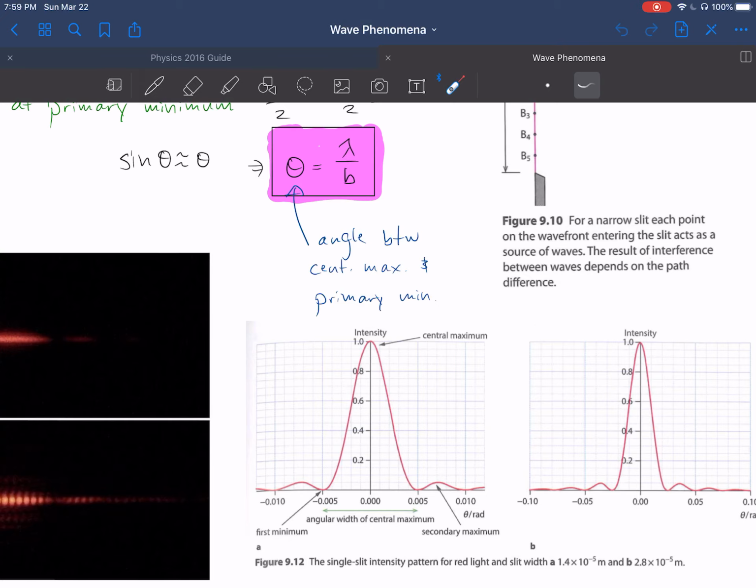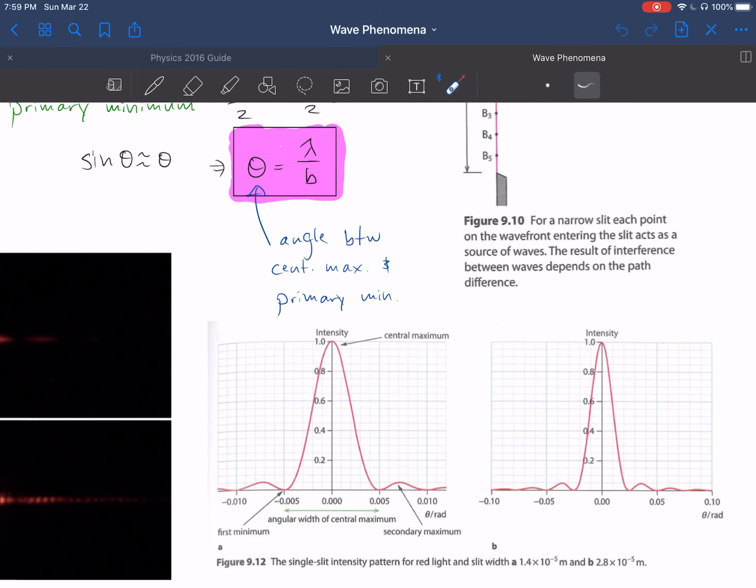In particular, if you double the slit width, as you can see in these two graphs, graph B has double the slit width of graph A, and therefore you get a narrower peak. Okay, so theta right here is half the size of theta on this graph.